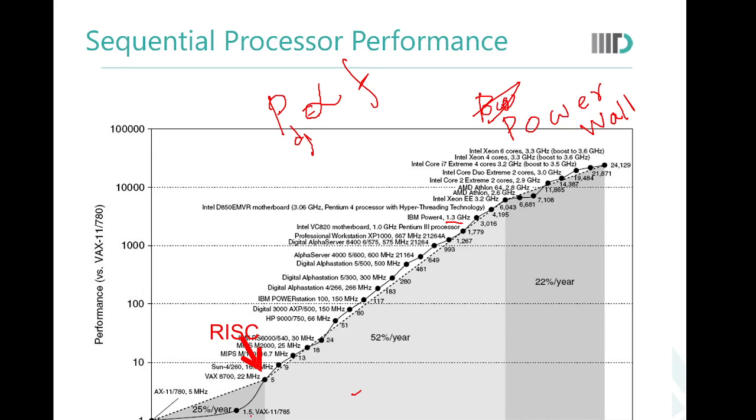But then suddenly, around the early 2000s, it was realized that we can't keep on increasing the clock frequency any further, because of the amount of power the chip was consuming.